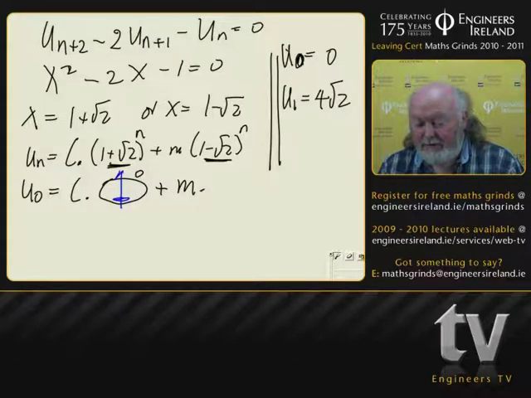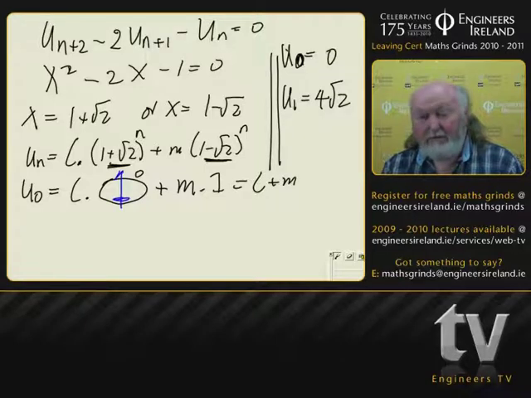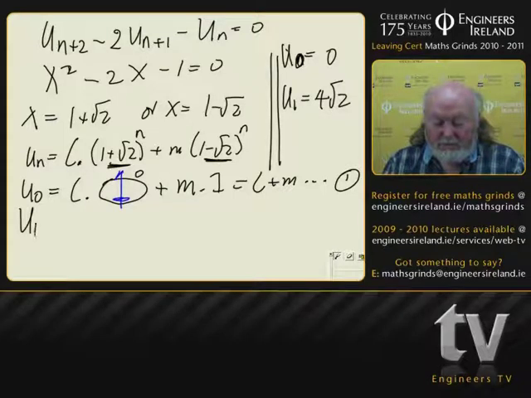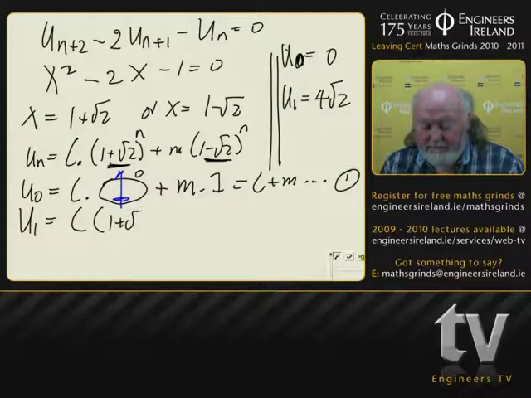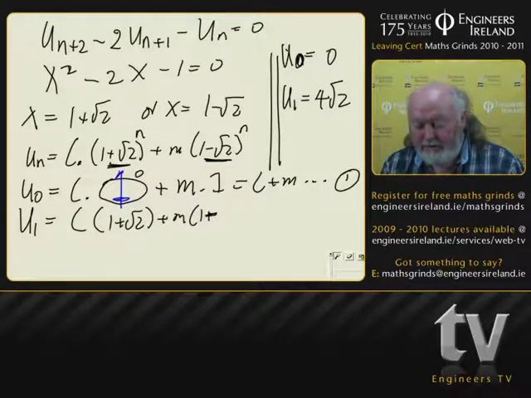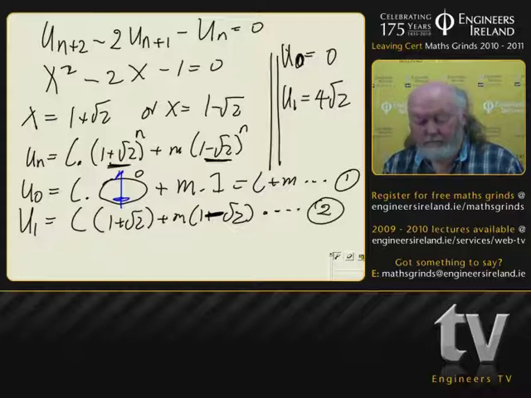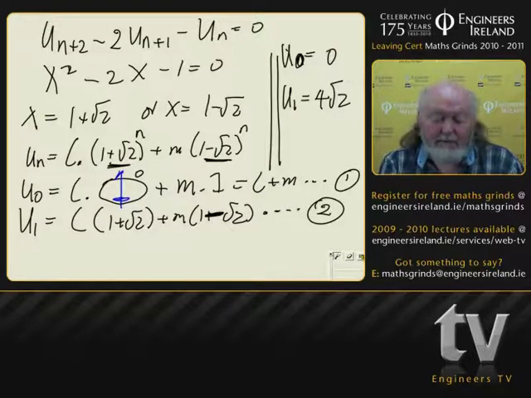So what we have, it's L plus M, a very simple equation, and U1 will give us, and anything to the power of 1 is itself, and all we do is we solve.